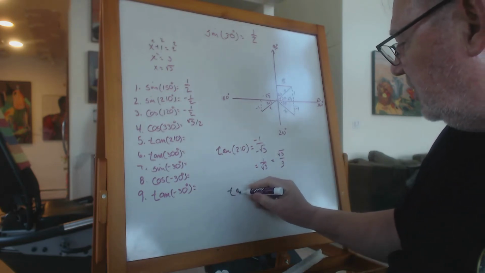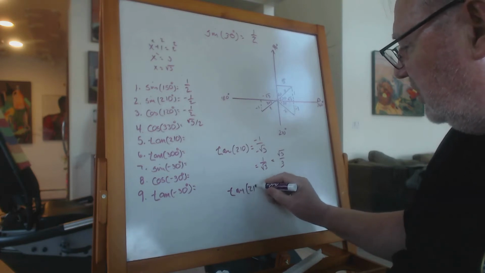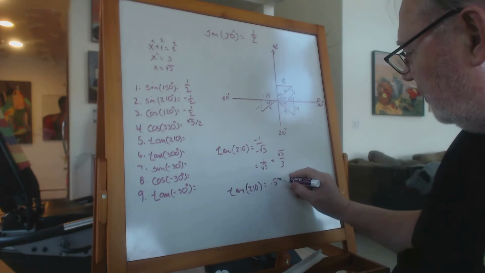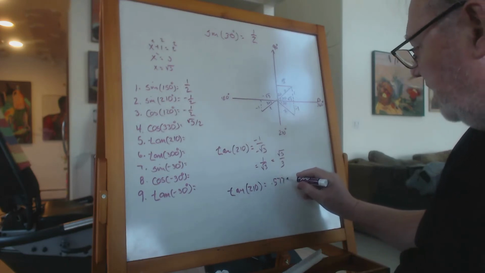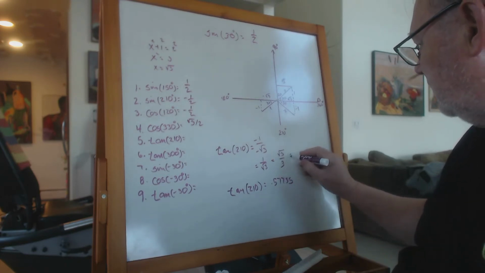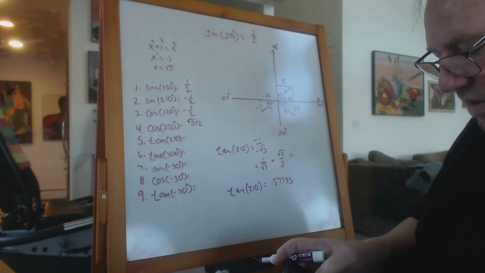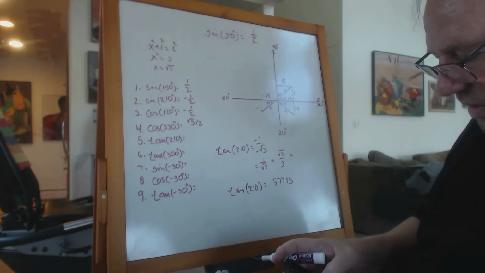Tangent 210 is equal to 0.57735. And let's see what this is equal to. So we've got the square root of 3 divided by 3.